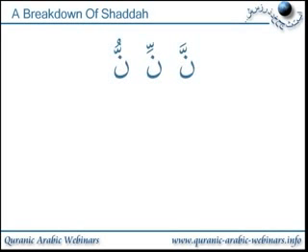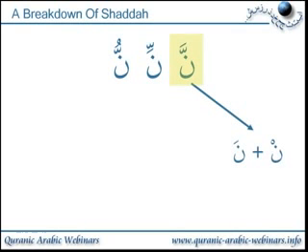Okay, so now we're going to look at how the shaddah is pronounced and how it actually breaks down. So we've got the noon mushaddad with fatha, kasra, dhamma. Let's break down the first one, the noon with shadda and fatha. Essentially the simplest way to imagine this is the noon with a shadda breaks down into two letters. It's effectively doubling up, just like we saw in English, where you get the two letters next to each other at the end of a word and the beginning of a word.